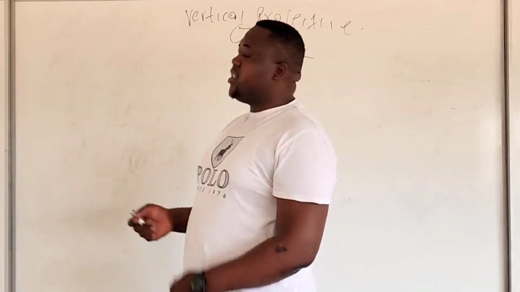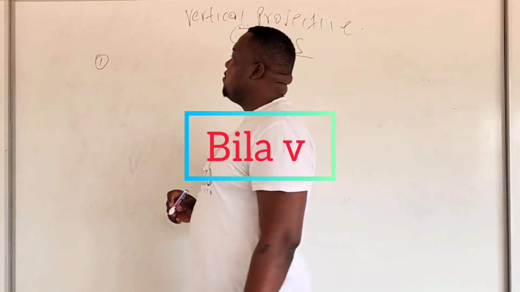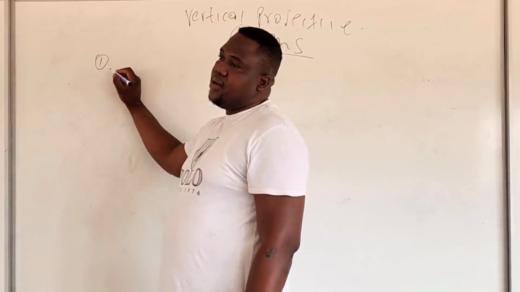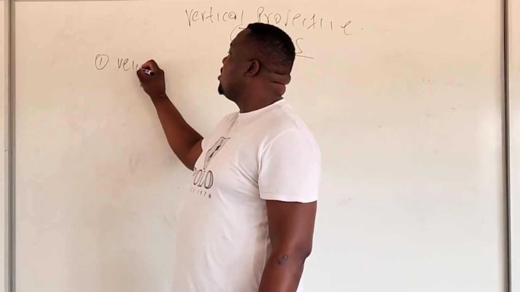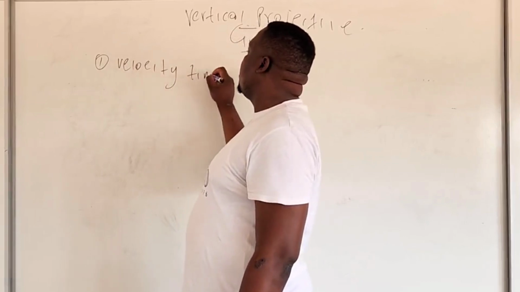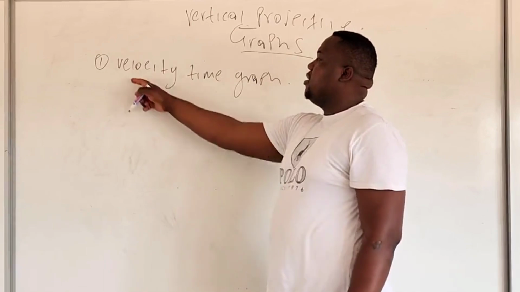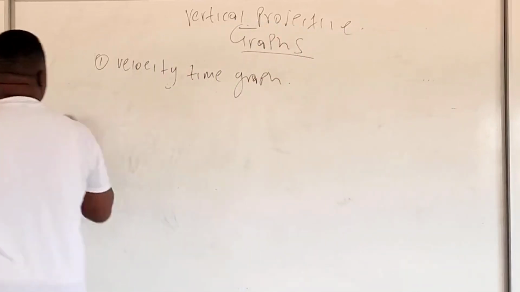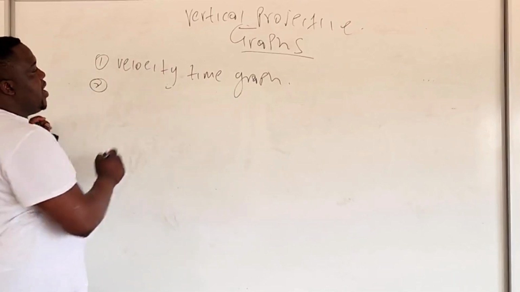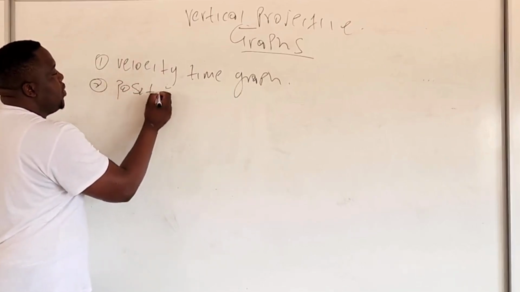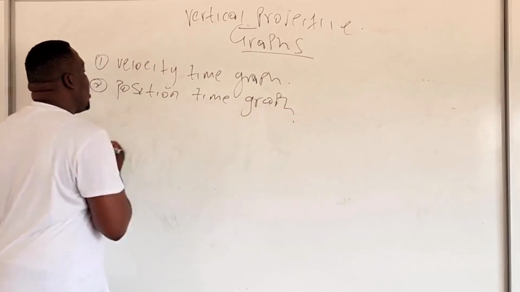The vertical projectile has three types of graph. The first graph, which is the most common one, is the velocity versus time graph. Then we have the position time graph.